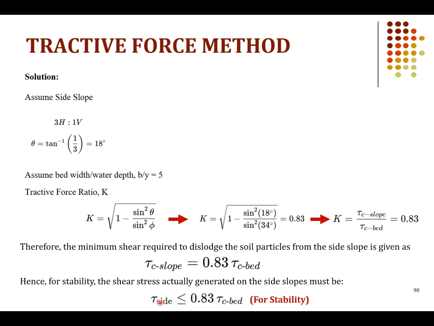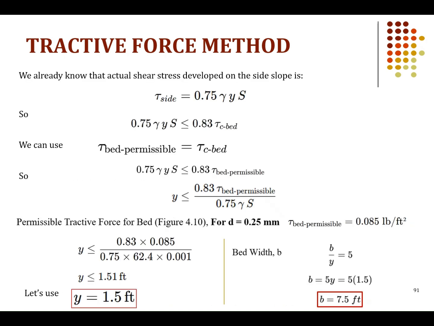So the actual tau at the side should be less than this 0.83 tau C for the bed. We saw it previously on the very first slide, or maybe the second slide, that the shear stress developed on the side is 75% of the shear stress developed at the bed.